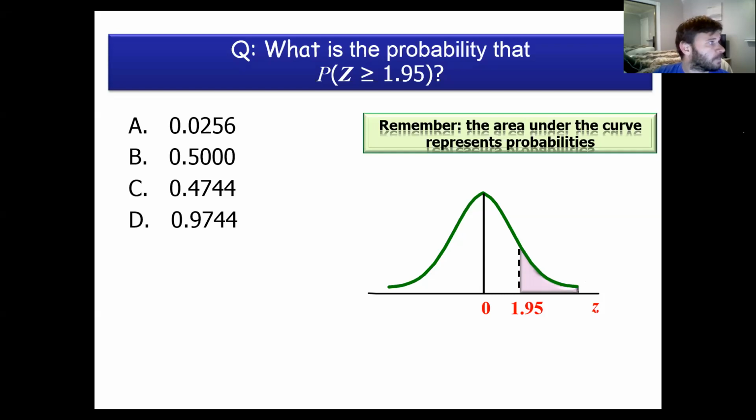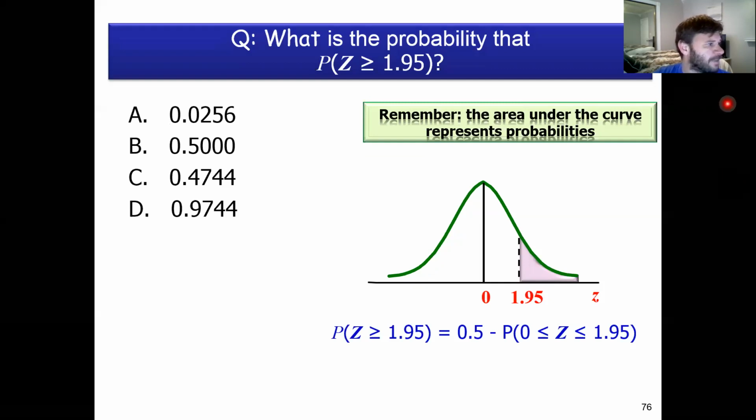So we need to go find our table value of 1.95 to answer this question. I'll give you guys a minute to find that value yourself. You can pause the video right now if you want. But you should see that the table value associated with 1.95 is actually 0.4744.